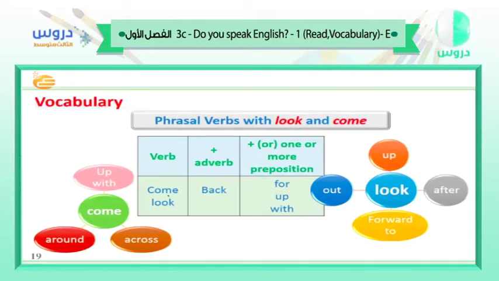Adverb, you know, describes the verb: back. Come back, look back. Okay, one or more prepositions. These are the prepositions, for example up and with. Okay, what do you mean, teacher?